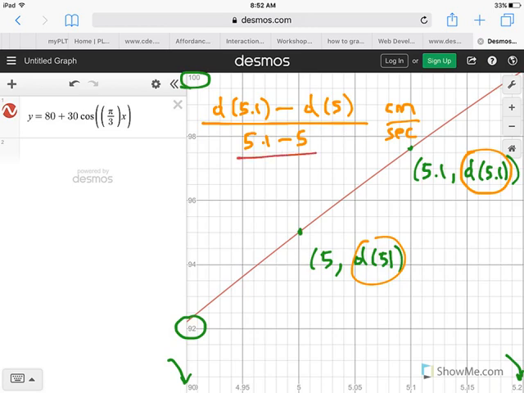If you look at this, this is the change in y divided by the change in x. Or you can say the change in d divided by the change in t, but it's the same thing. So this is actually the slope of the line passing through these 2 points. So the average rate of change is equal to the slope of the secant line passing through these 2 points.